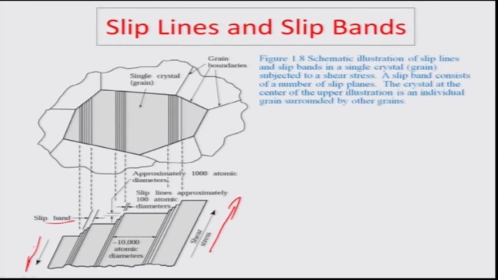And you can see that the slip lines that are generated here are about 100 atomic diameters in a regular polycrystalline material, and approximately the quantum of the slip in the shear direction that has happened is about 1000 atomic diameters. Okay. So, that is how you can generate the slip lines and slip bands.